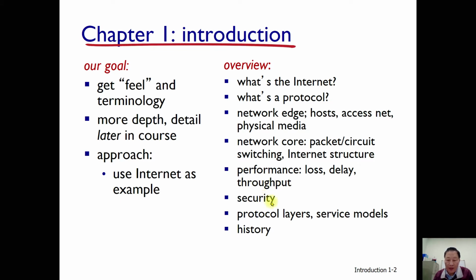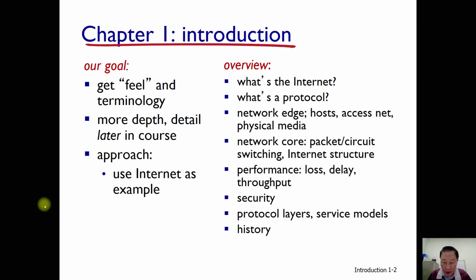And in this chapter number 1, a brief overview about security will be discussed, but the main topic is discussed in probably chapter 8 of this book. Thus later you can refer to chapter 8, security in computer networks.